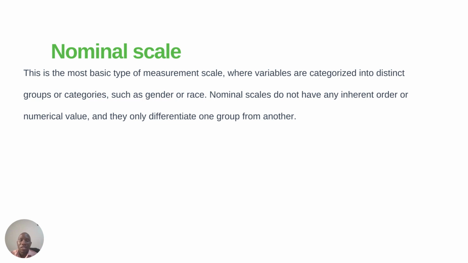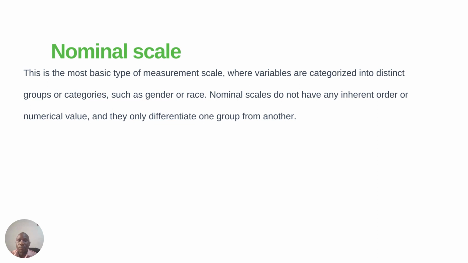The nominal scale is regarded as the basic measurement scale. In this case, you have different groups, and these groups do not necessarily have a numerical value attached to them.